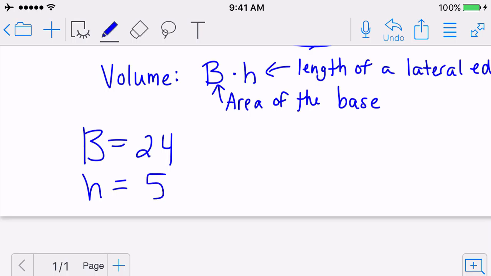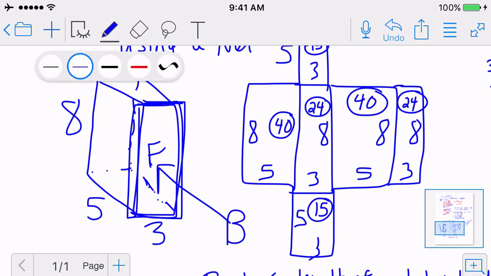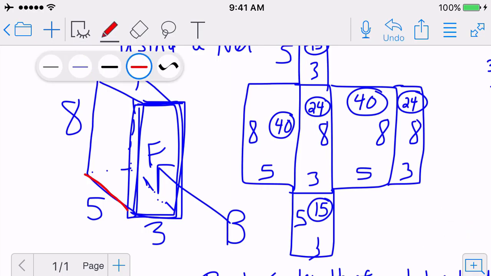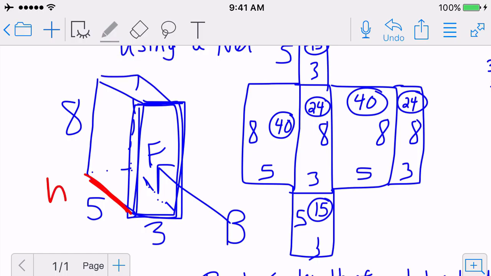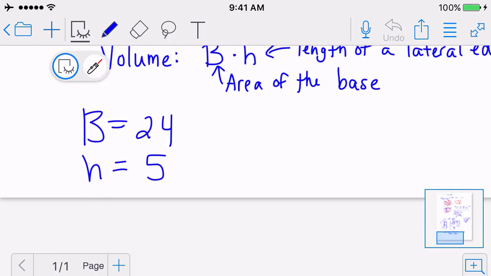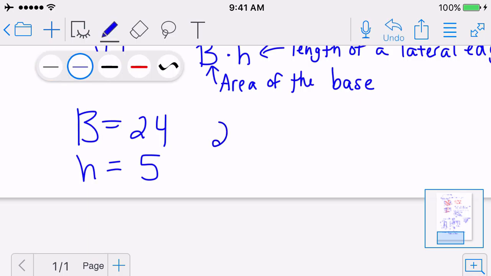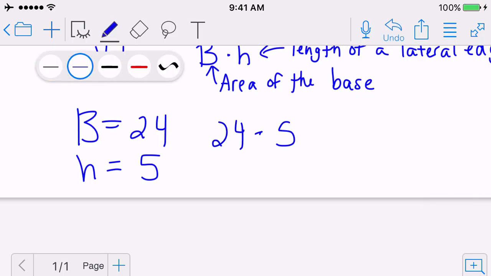I'll show you that up here. So this would be our height. So 5, so then we need to do the area of the base times the height 5.